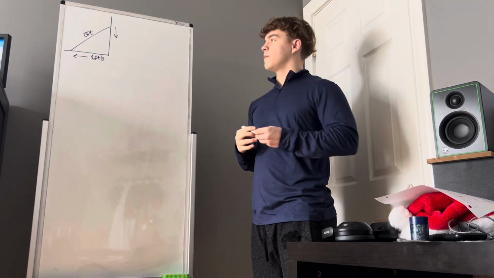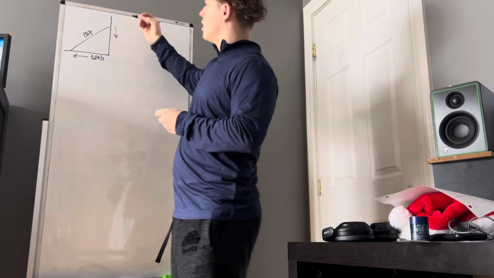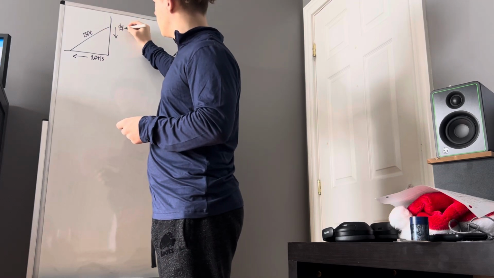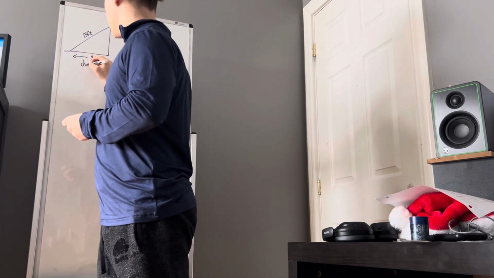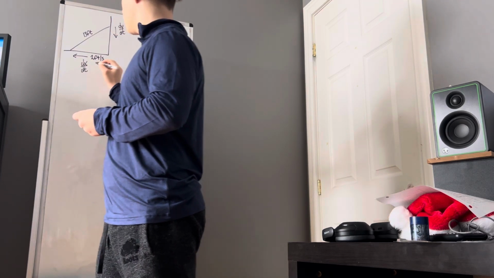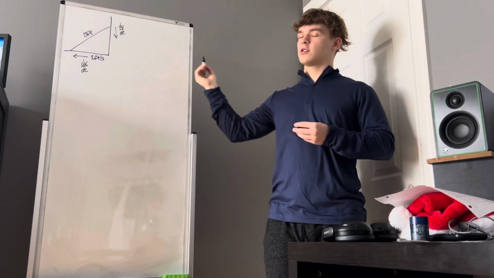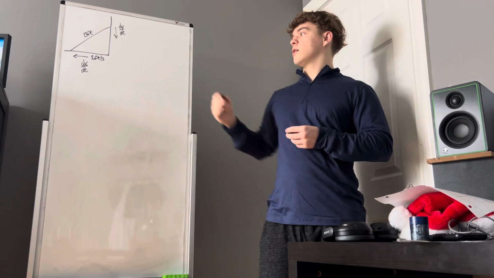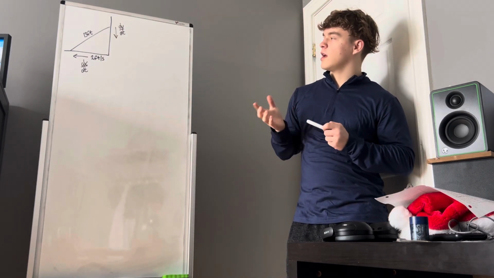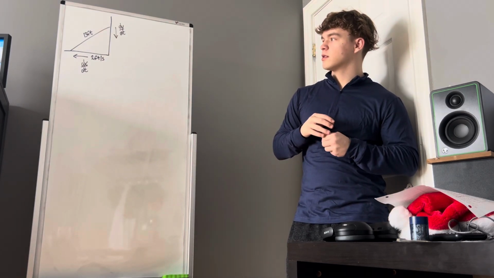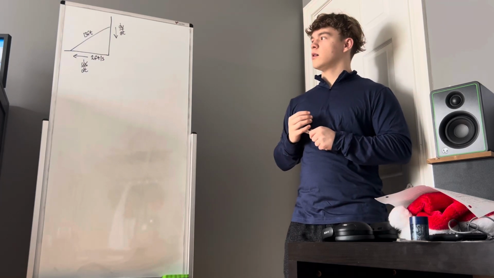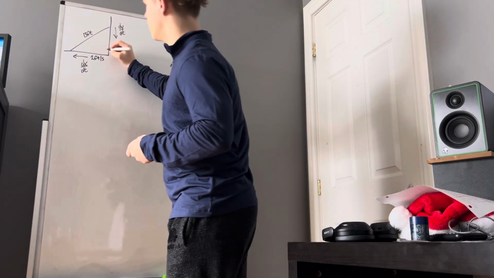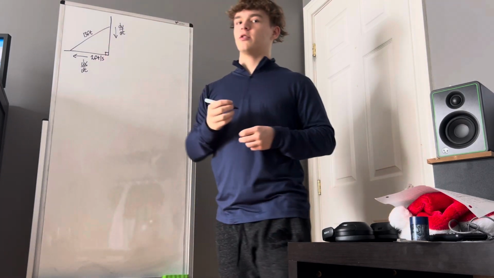Well, we can call this dy/dt. We can call this dx/dt, because that's how fast our x-coordinate is changing. Now, how are we going to relate y and x, or dy/dt and dx/dt? Well, that's easy. I forgot to add this part. It's a right triangle.